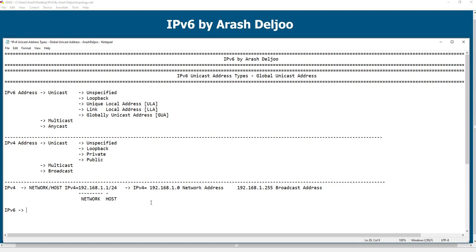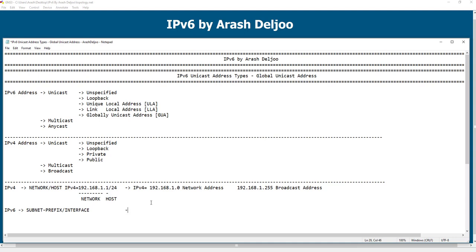The first part is the prefix or subnet prefix, and the second part is the interface or interface ID. Subnet prefix means network, the counterpart of network in IPv4, and interface is the counterpart of the host ID in IPv4.